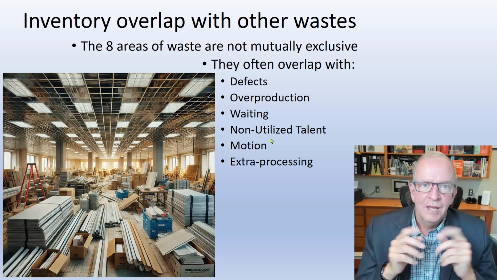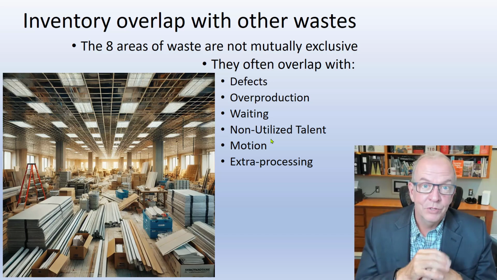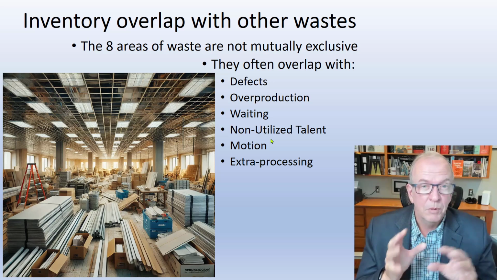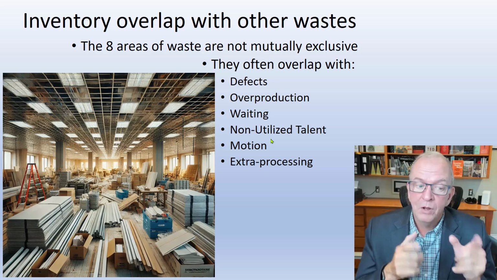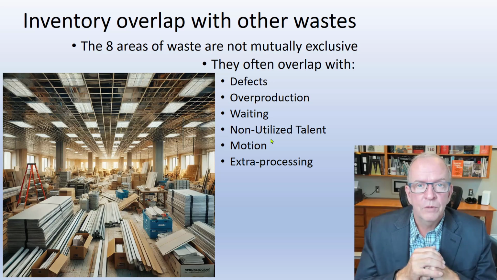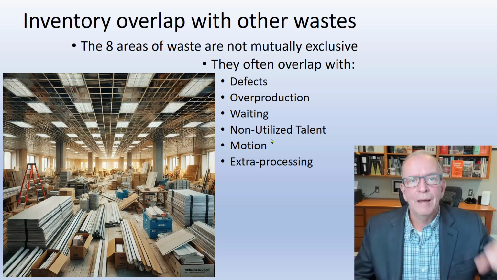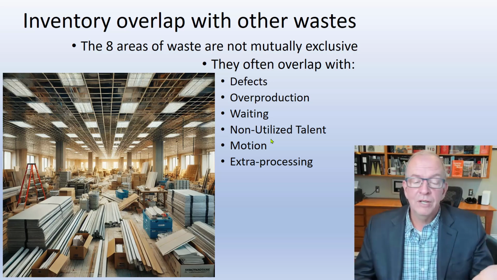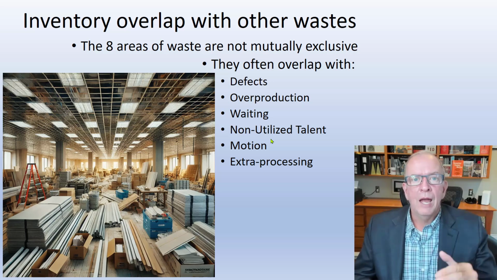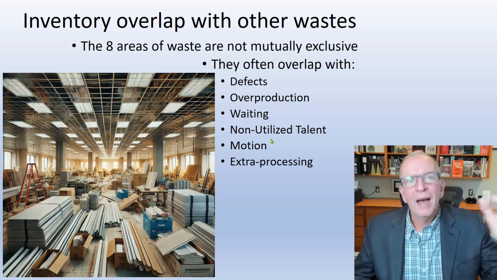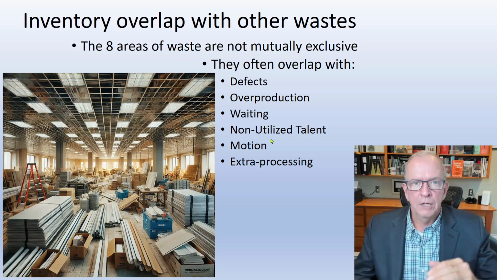That's going to be the next topic, which is really an interesting one because we talk about productivity levels and all the aspects that wasted motion ties into, but it also ties into this because we have to move things around. And extra processing. So if we have extra steps that are unnecessary, well, it's an extra step if we have to move something. It's an extra step if we have to take it back to our shop to store it.